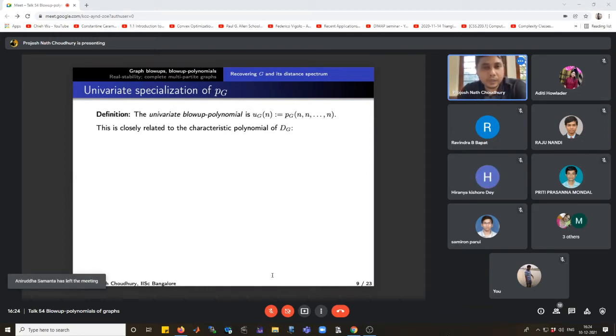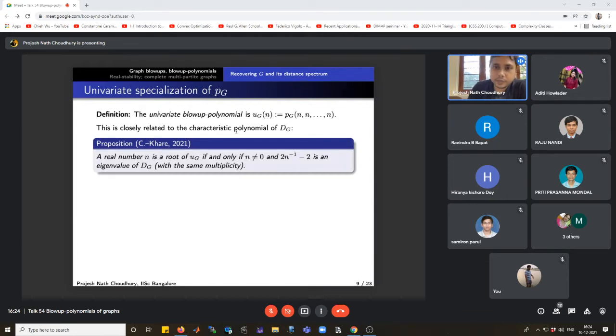Before I go there, let me tell you about a related polynomial to the blow-up polynomial, called the univariate polynomial, where I set every N to be equal to n. This univariate polynomial is closely related to the characteristic polynomial of the distance matrix. So this is our next result.